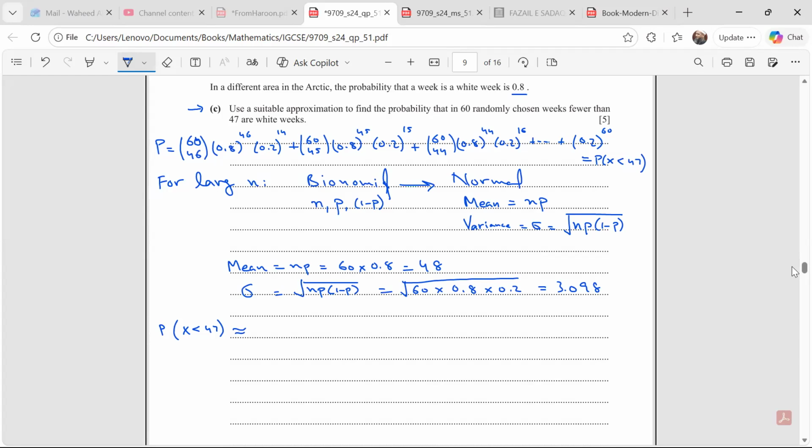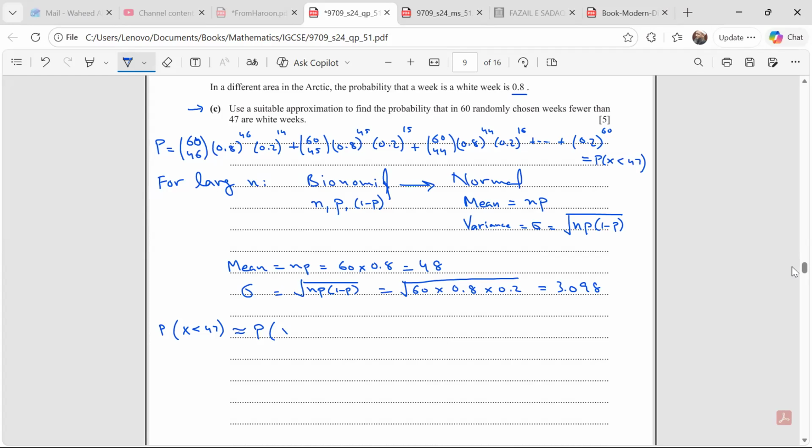Since I'm going from binomial to normal distribution, binomial was discrete and normal is continuous. So I have to calculate the probability that less than 47 are white. Since it is from discrete to continuous, I will approximate my X by 46.5.